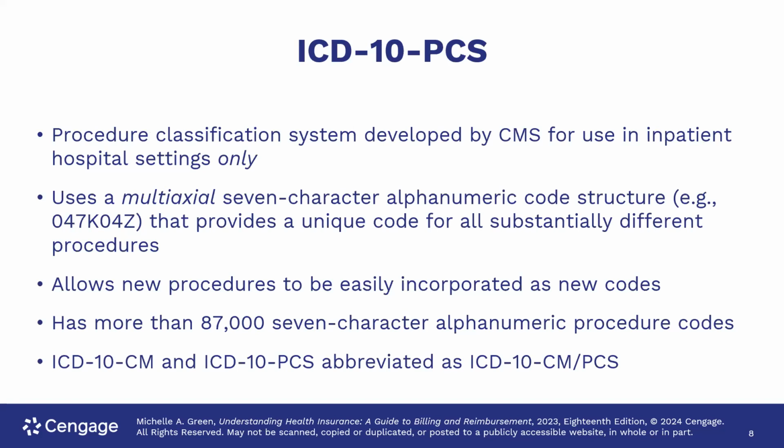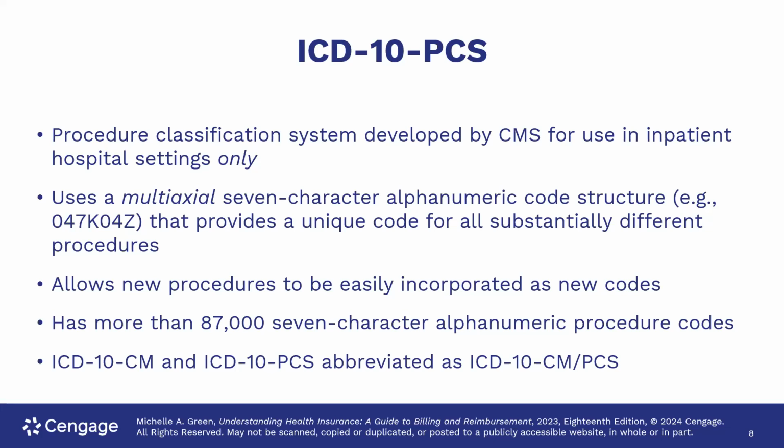Again, the diagnosis code covers the reason for the visit. The procedure code says what was done. And procedures are done in a multi-axial structure. In other words, each of the 7 characters that you see here in 047K04Z provides a unique code and is good for one specific procedure.